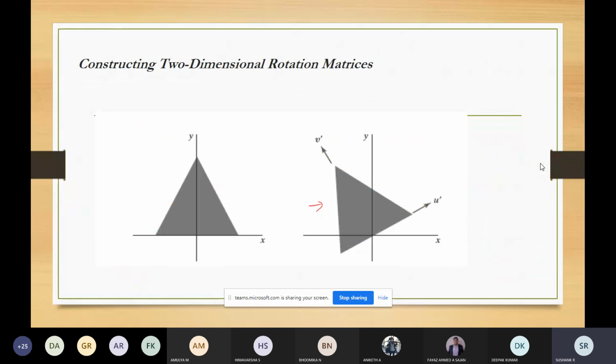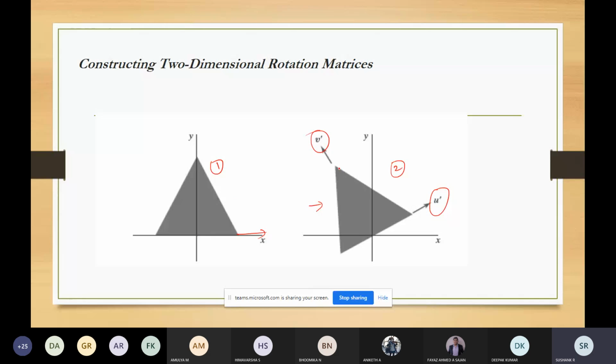It's a rotation matrix for rotating an object from the position given in figure 1 to the position given in figure 2, which is constructed through the unit vectors u and v with respect to the original orientation in figure 1.